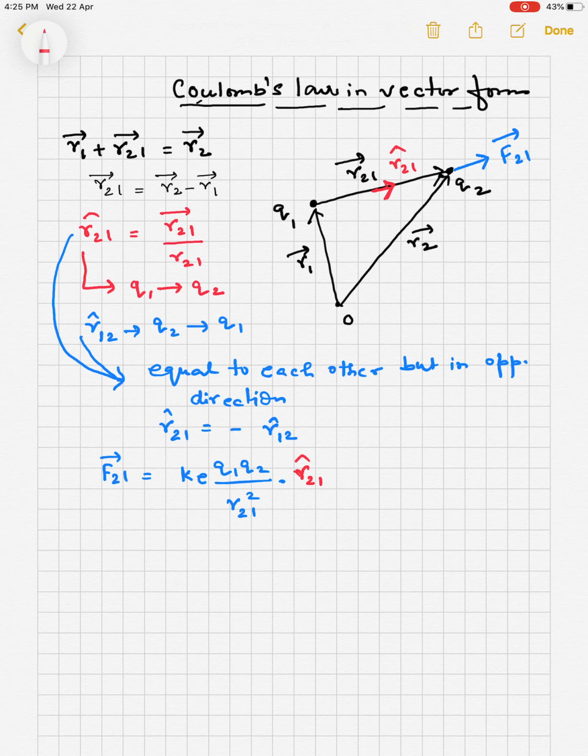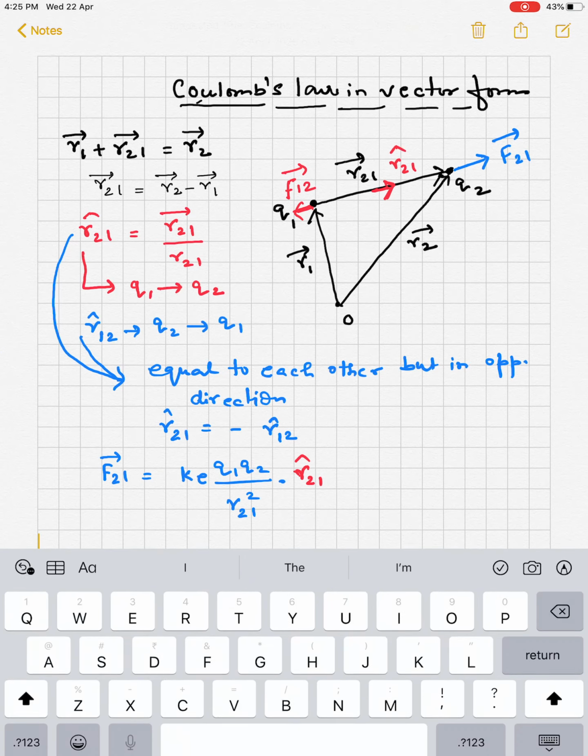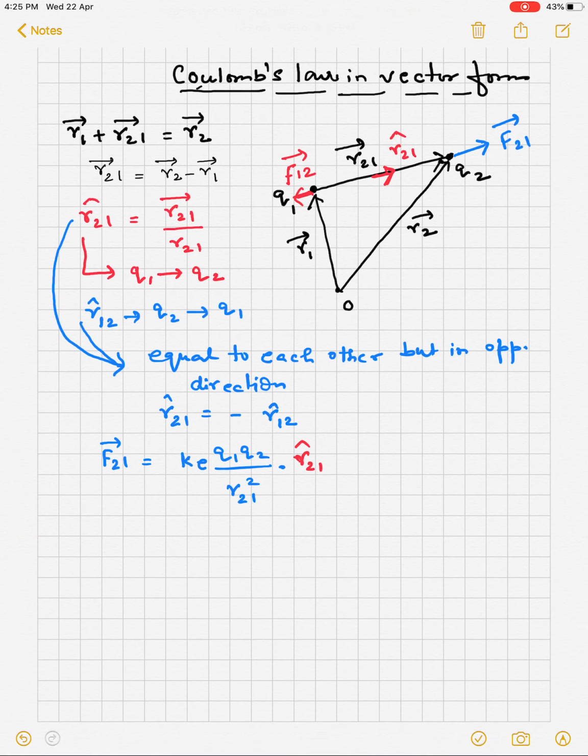Now if we write F12, F12 is this force, force on 1 due to 2. So F12, force on 1 due to 2, is equal to electrostatic constant Q1 Q2 upon distance.